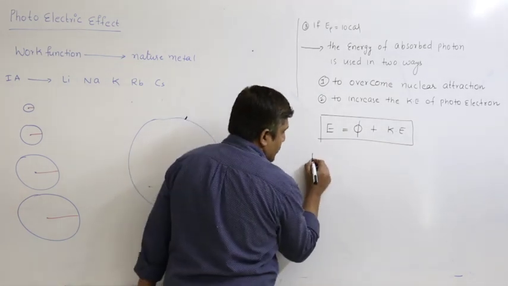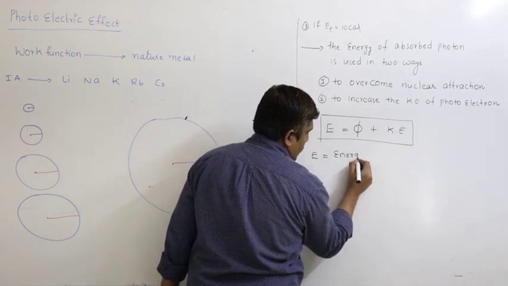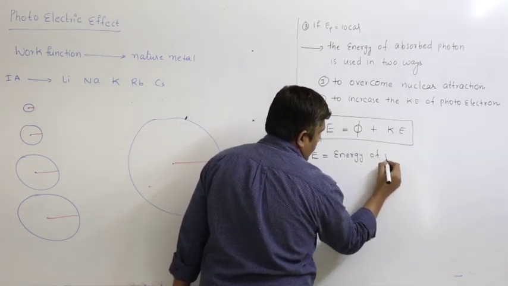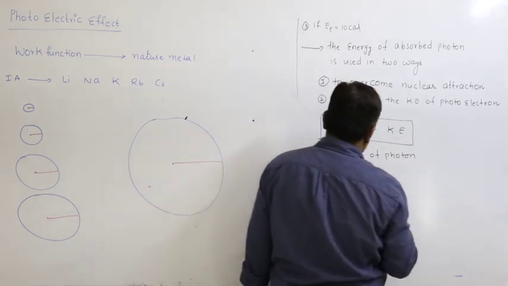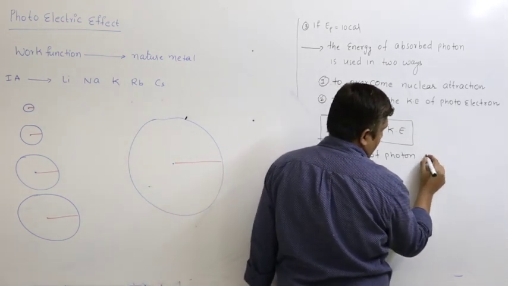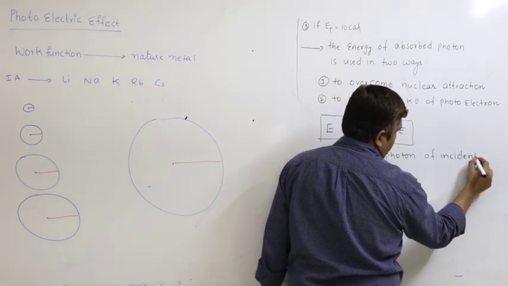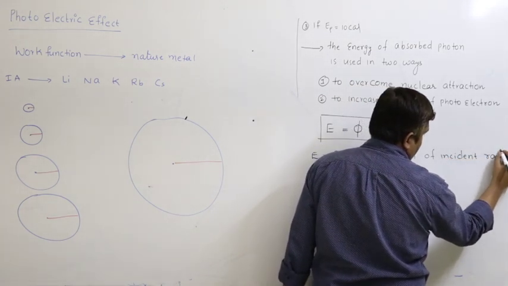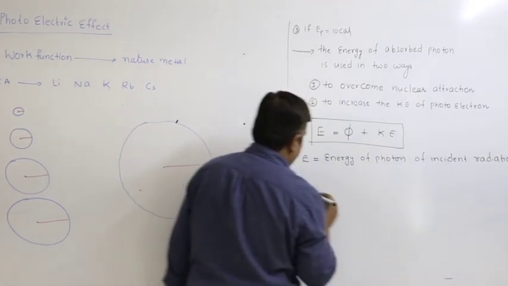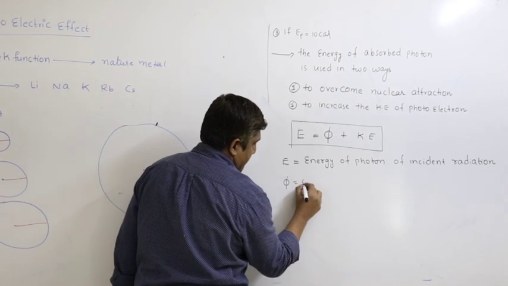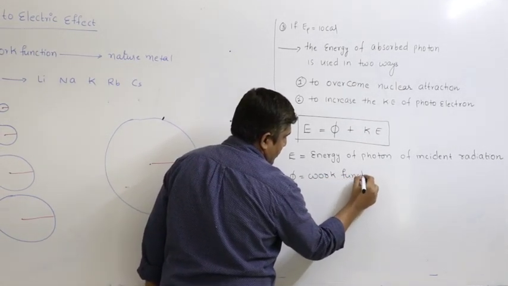So, energy of photon of incident radiation, that means the radiation that is falling on the metal. Work function of the metal.